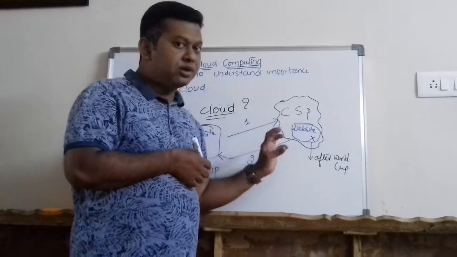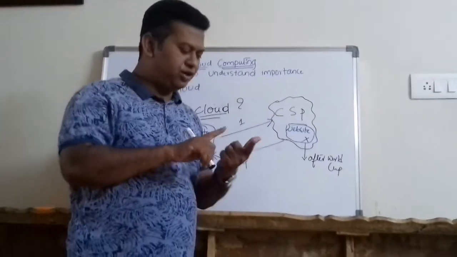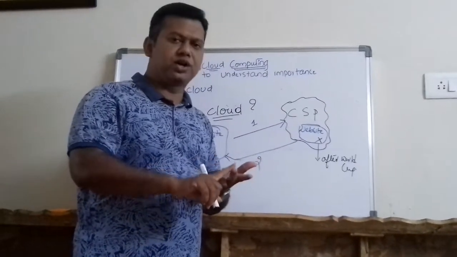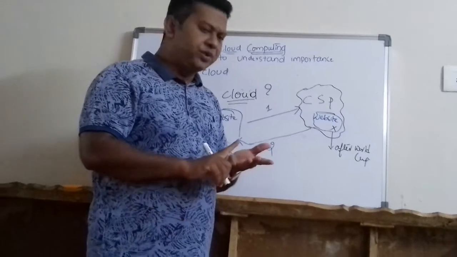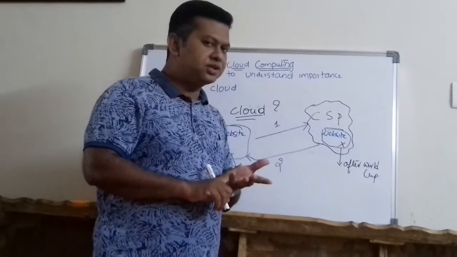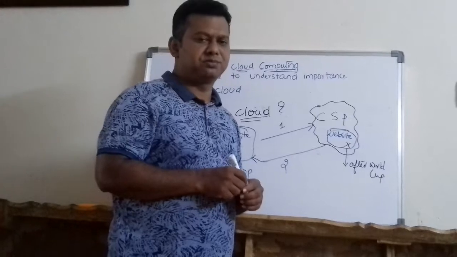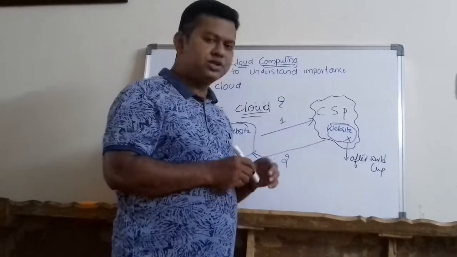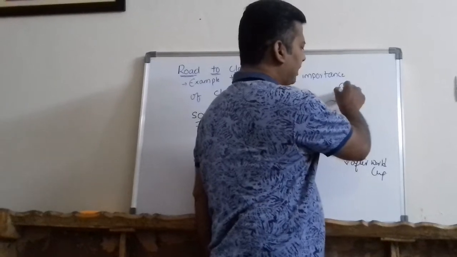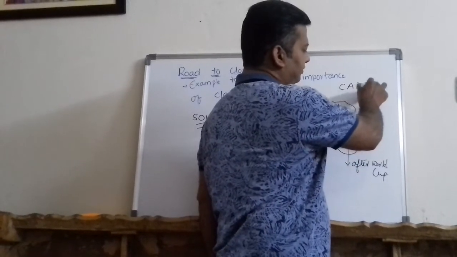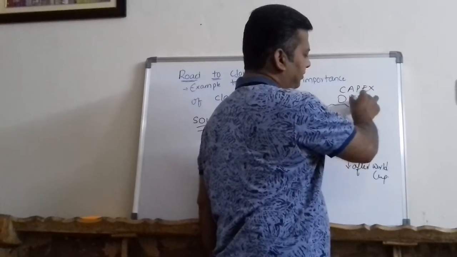So now please try to understand the beauty of cloud. You need not buy infrastructure, you need not recruit people, you need not lease any office space. So there is no capital expenditure, there is no operational expenditure, right? I just wanted to introduce two important words, CapEx and OPEX.